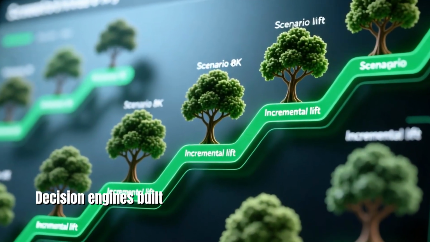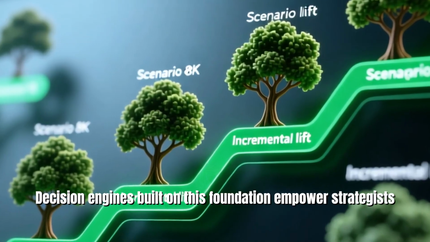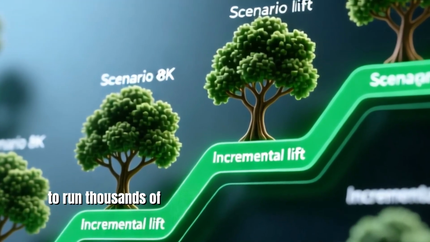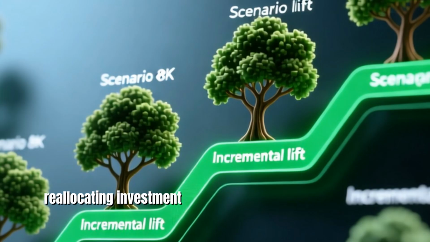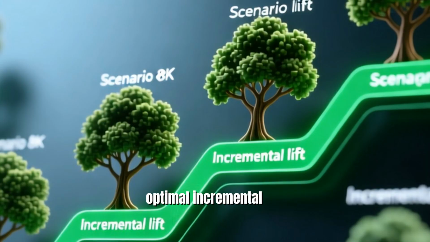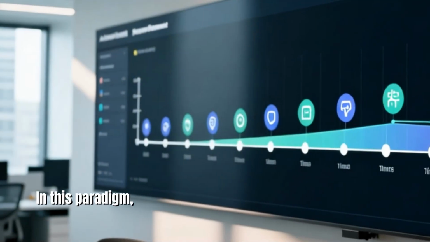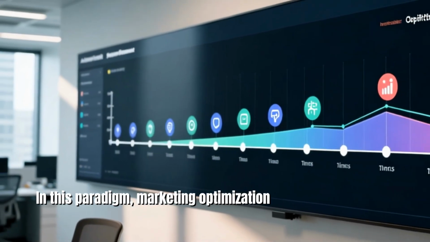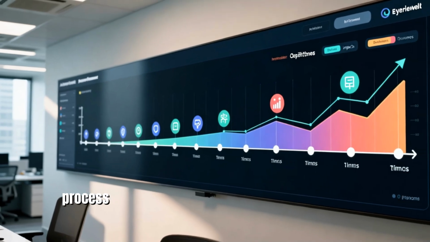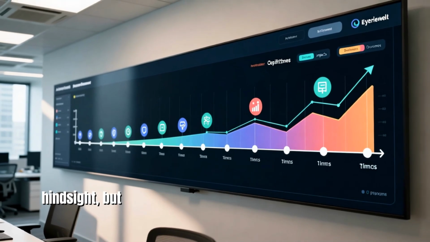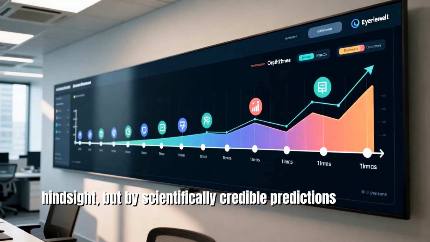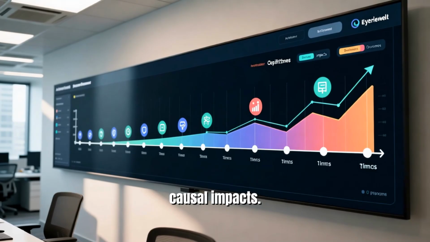Decision engines built on this foundation empower strategists to run thousands of hypothetical scenarios, automatically reallocating investment in real time to those areas yielding optimal incremental lift. In this paradigm, marketing optimization becomes a continual process of experimental iteration, guided not only by hindsight, but by scientifically credible predictions of future causal impacts.